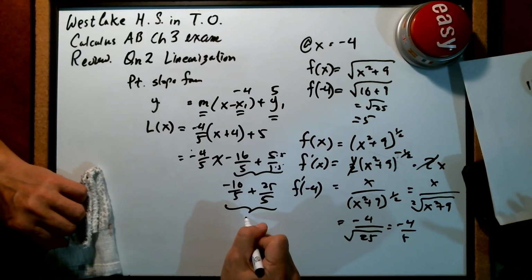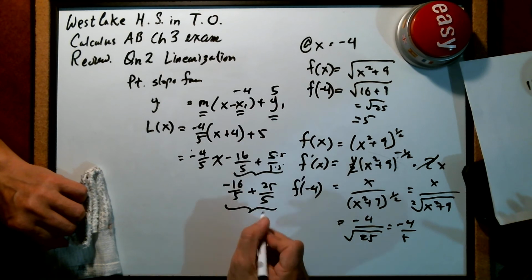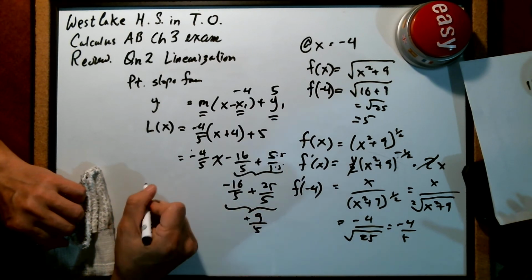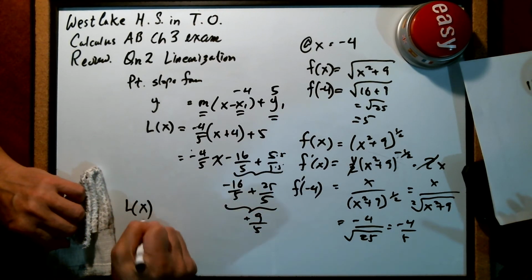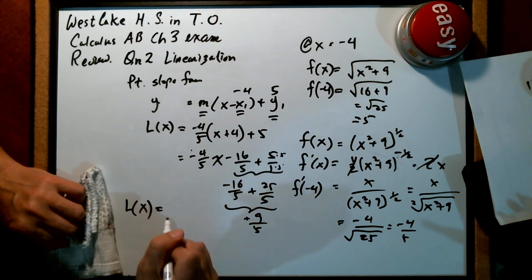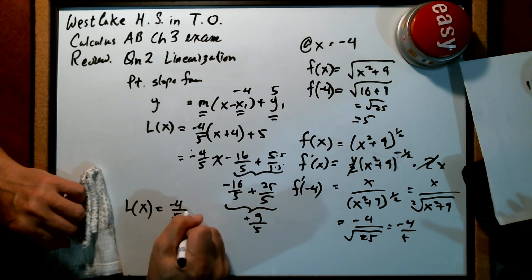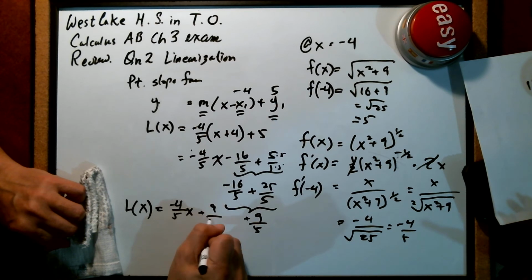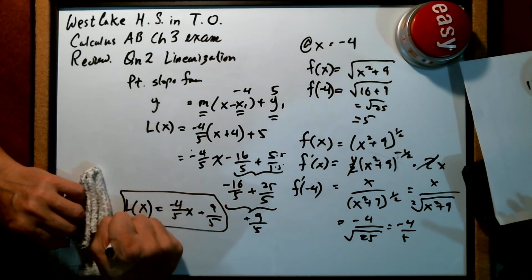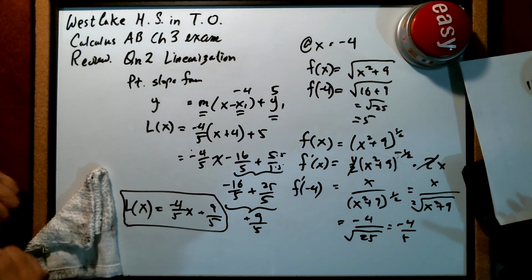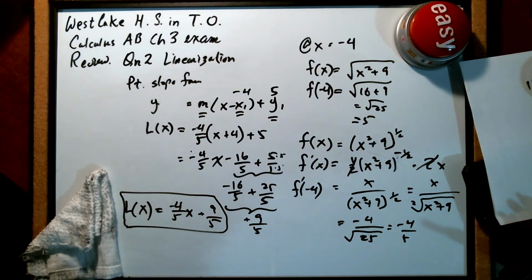That's going to be positive 9 over 5. So my linearization as a function of x is equal to -4/5 x plus 9/5. There it is right there. That was easy.